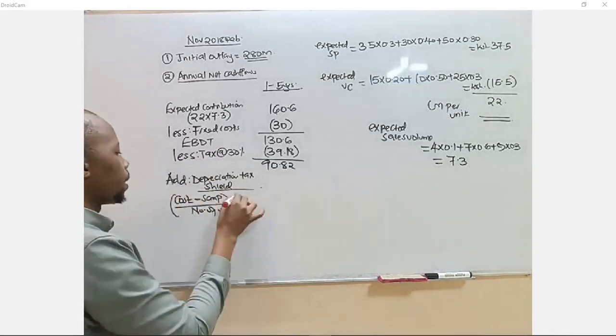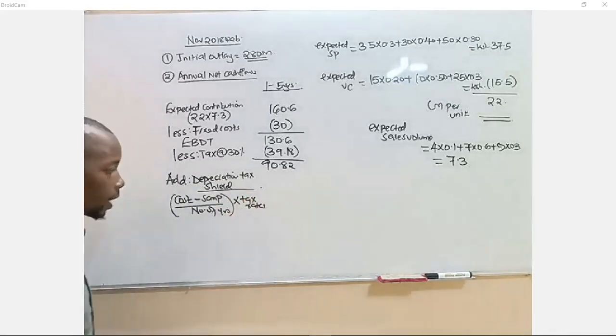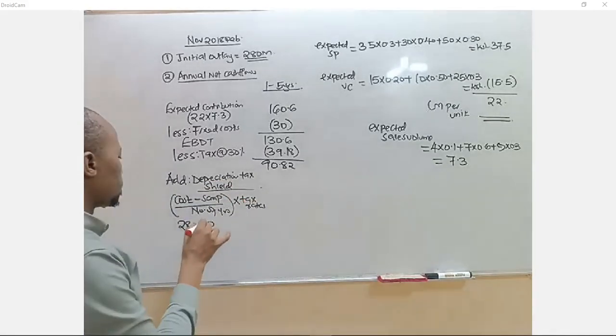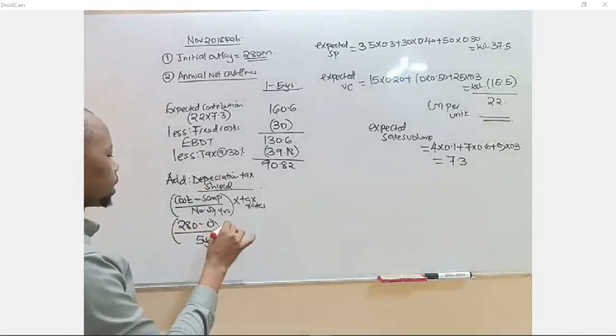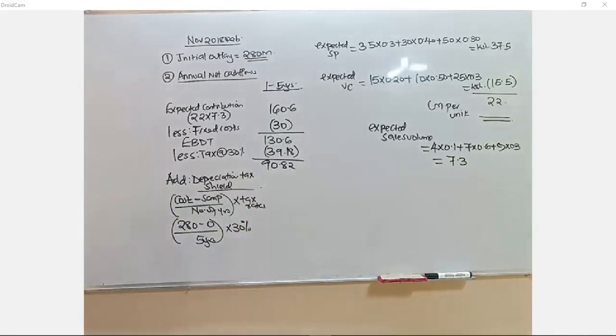Then this one multiplied by the tax rate. So in our case here, the cost of our project is 280 minus 0, divided by 5 years, right? And then the tax rate provided, sometimes it might vary or not, which is 30%. So in this case, it will be 280 divided by 5, then we multiply by 0.3, getting 16.8.